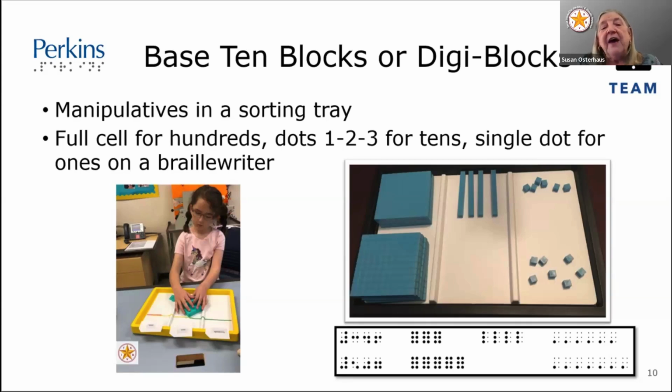And on the right, we have those base 10 blocks. And what we're doing here is we're going to have probably an addition problem. If you look below in the Braille, for those of you who can see that Braille, what we've got is 346. And in Braille, we've got 3 full cells, then we have dots 1, 2, 3 being used for our tens, and then a single dot 3 being used for ones on the Braille writer.